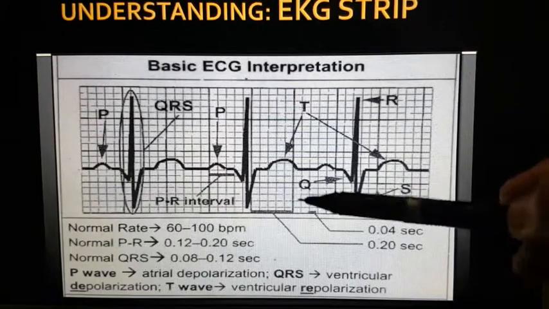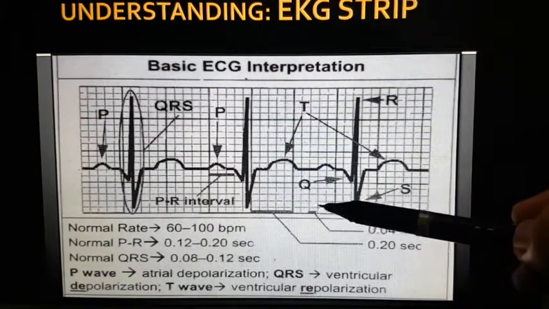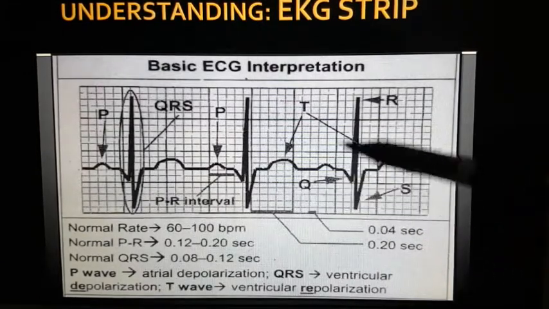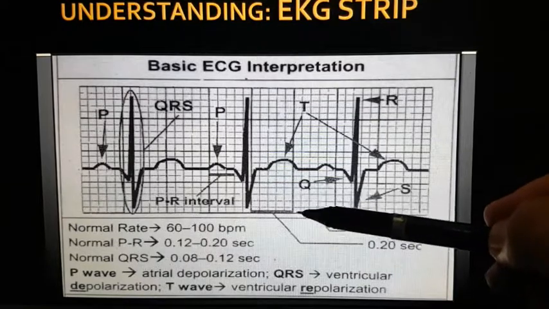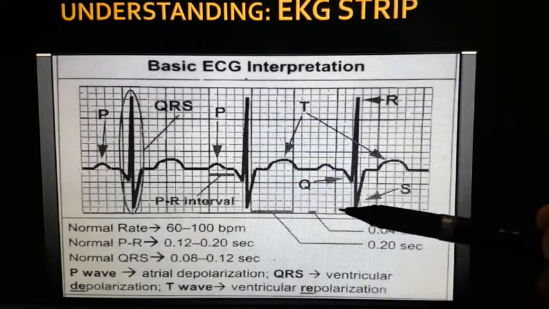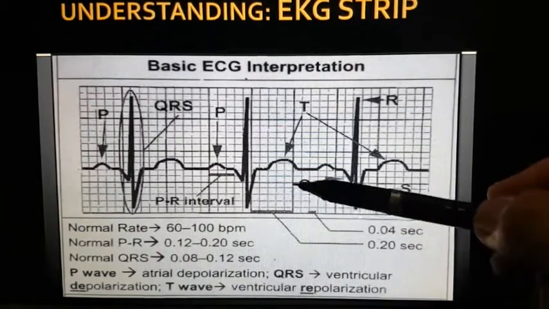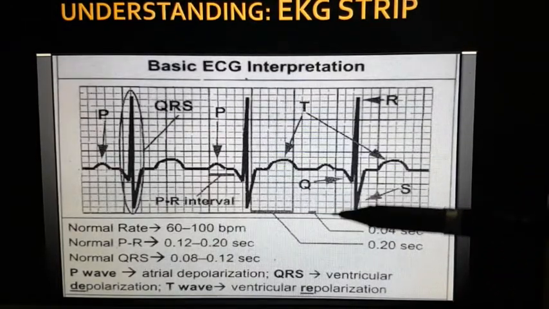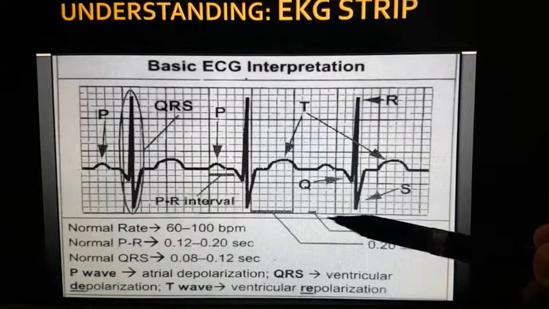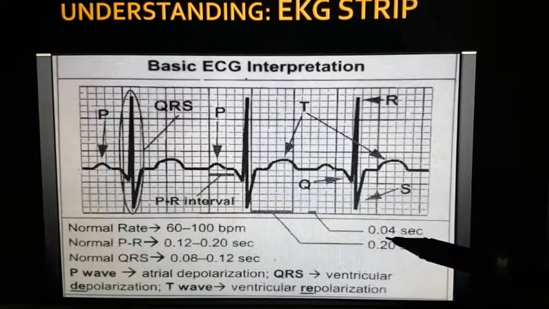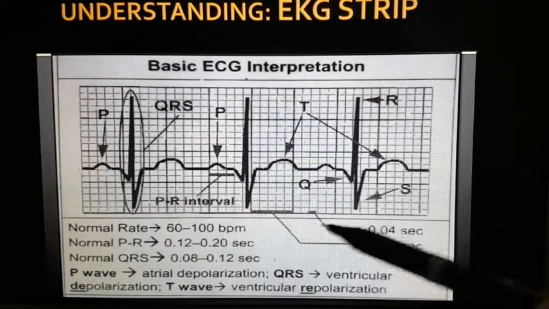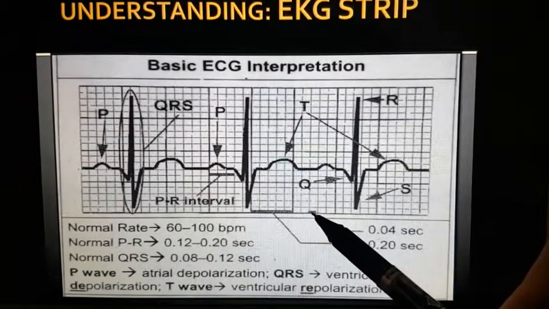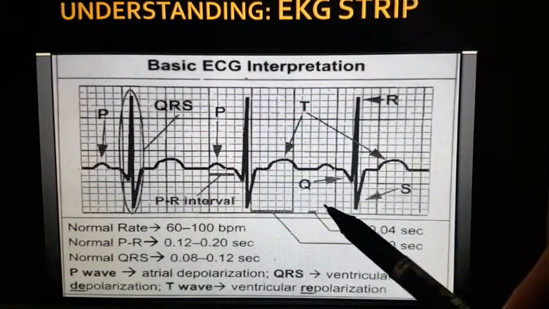Now, your ECG strip is composed of small boxes and big boxes. Remember, it is your big box wherein the borders are always darkened. So please do not forget that. The borders of the big box are darkened. This will be your small box. Now remember, one small box is equivalent to 0.04 second. Therefore, if one small box is 0.04 second, what about one big box?